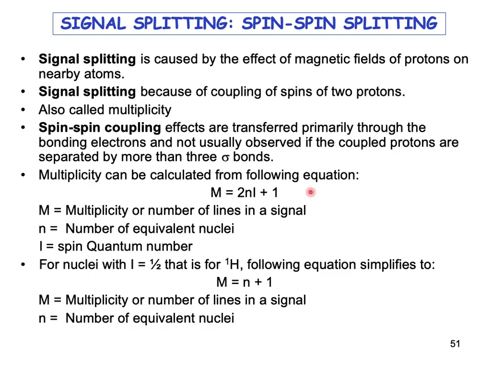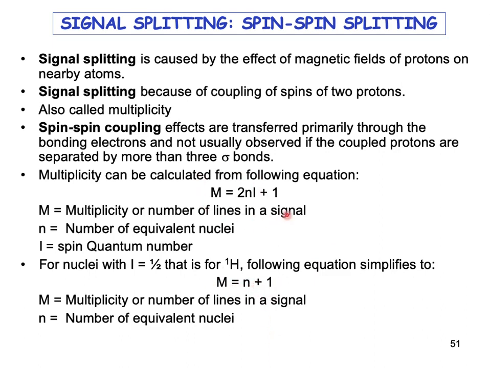It can be calculated from this formula: the multiplicity M is equal to 2nI plus 1. n is the number of equivalent nuclei, and I is the spin quantum number. For example, for nuclei which have the spin quantum number half, that is for proton, or carbon 13 also, the equation simplifies to M is equal to n plus 1.